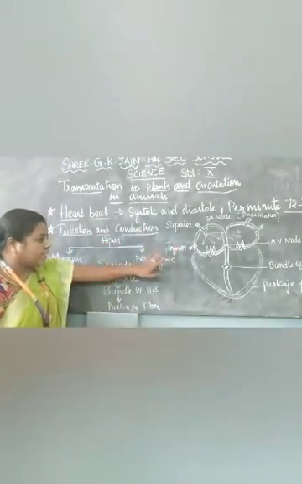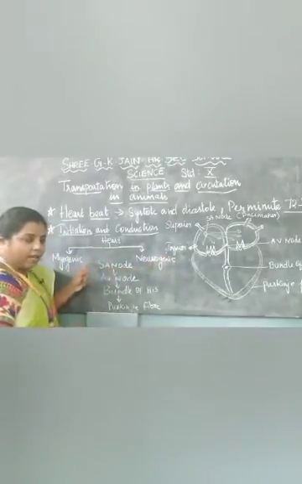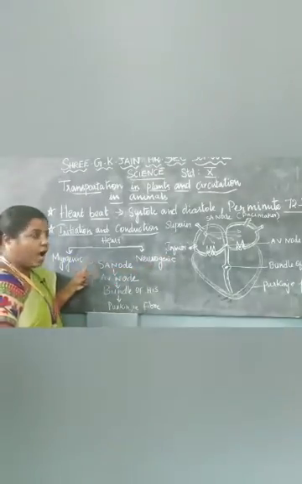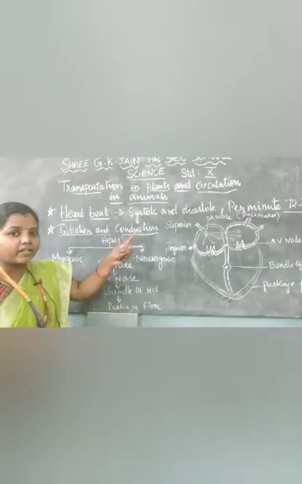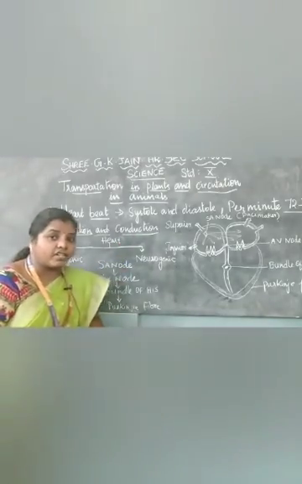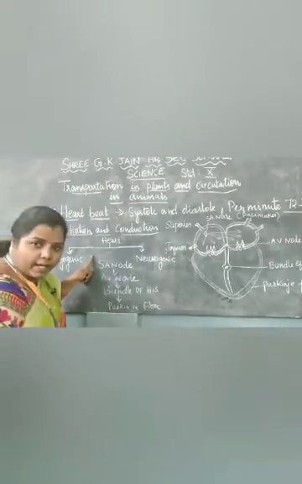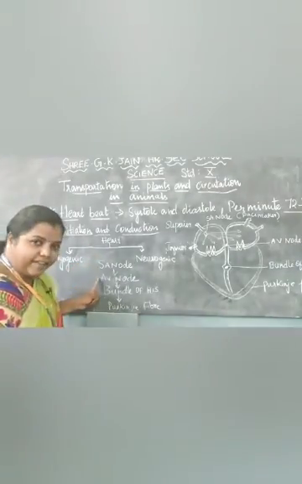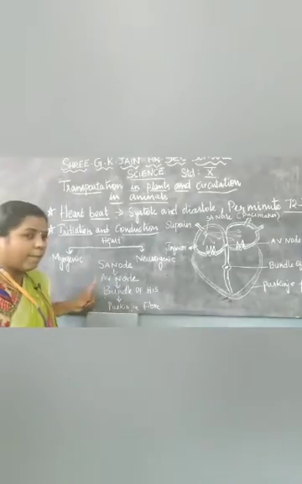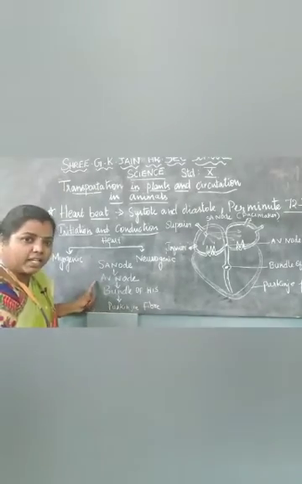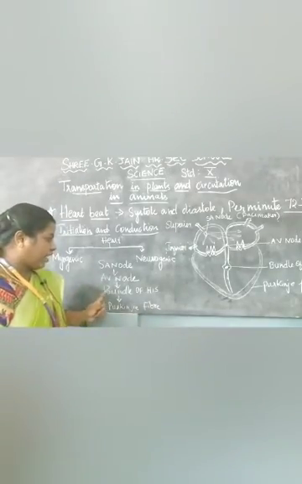And next, see, this is the way. Starting from the SA node, how the initiation and conduction of contraction, and how the contraction and relaxation are held, is because of this format only. It starts from the SA node, goes to the AV node, then goes to the bundle of His, then goes to the Purkinje fibers.